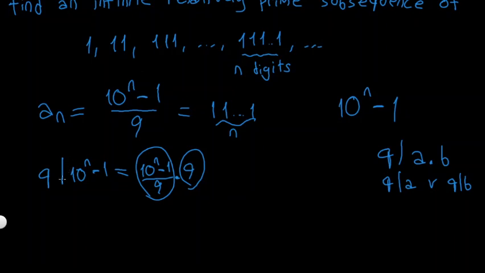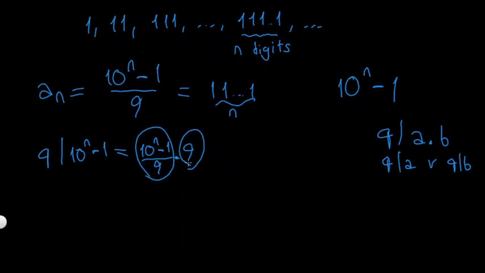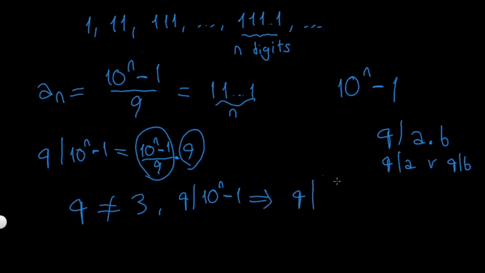If I say that q doesn't divide 9, the only prime that divides 9 is 3, so if q is not equal to 3, and q divides 10^n - 1, then q will divide a_n, which is (10^n - 1)/9.